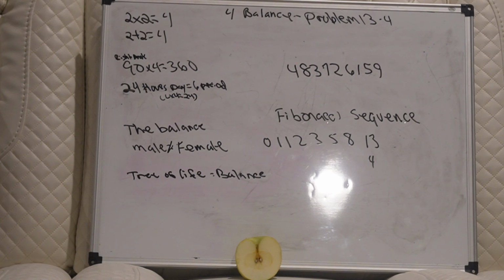Also balance, male and female. That's what the balance is all about. And that's why a lot of times in society they say the number 13 is bad luck, because when the universe started, the motion started off with a wobble. And the wobble has been around because a true man and a true woman have not come together as one.